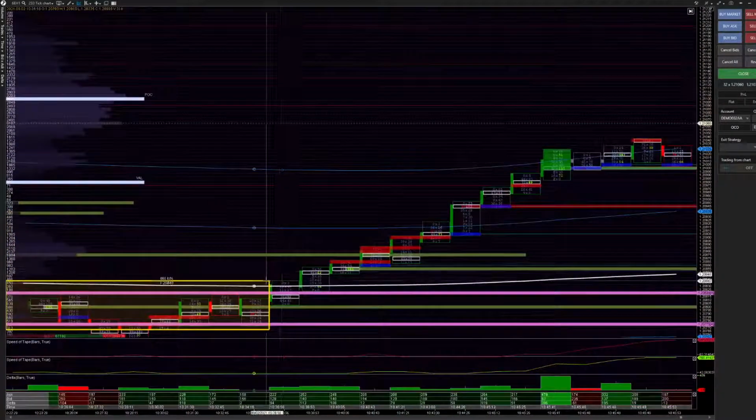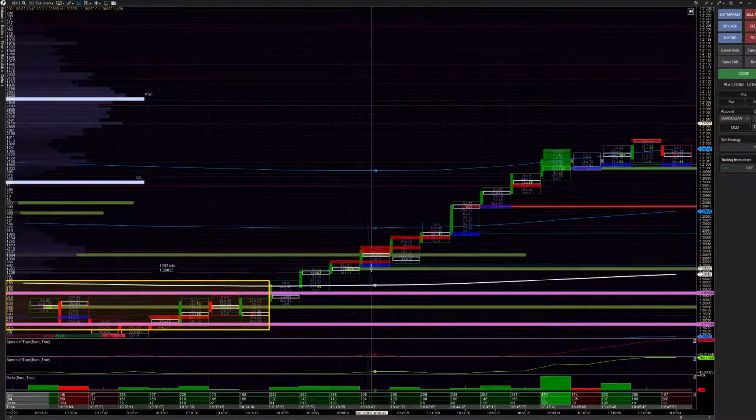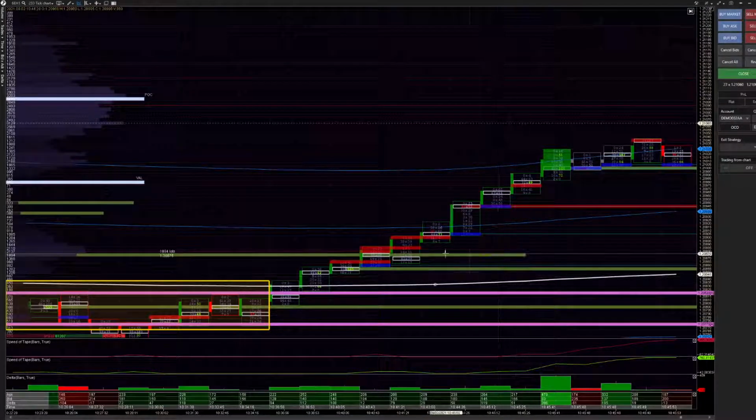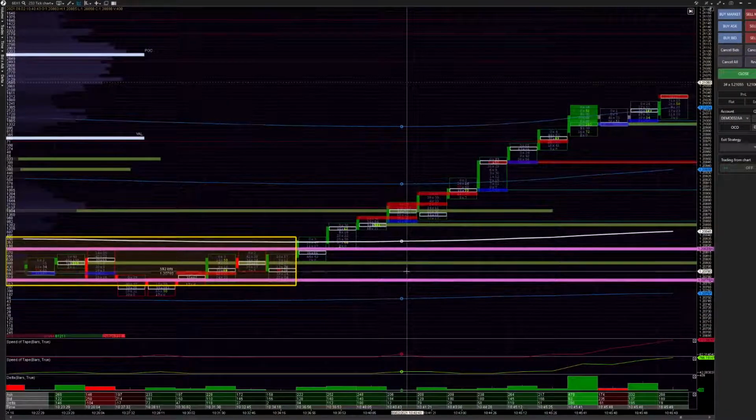And we can see on the way up a lot of imbalances. These green bars are imbalances. What is an imbalance? An imbalance is a big difference. In this case, 150% difference between the aggressiveness of buyers and sellers.